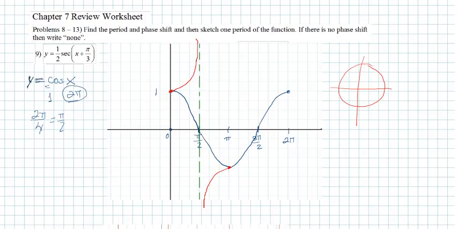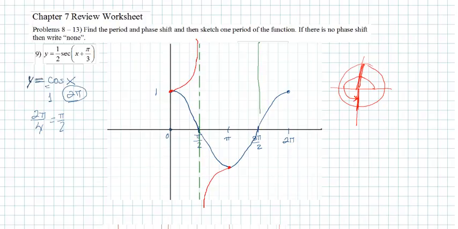This is pi over 2, then 3 pi over 2 would be the opposite side. So we have pi over 2, 2 pi over 2, 3 pi over 2. So we got the same situation at 3 pi over 2, which means we have another asymptote.